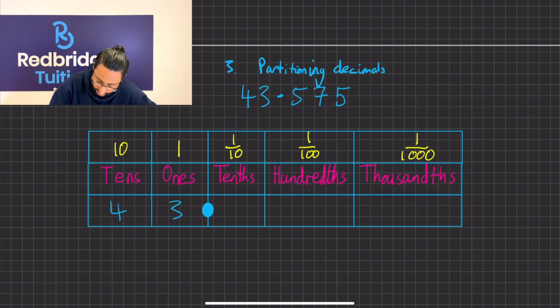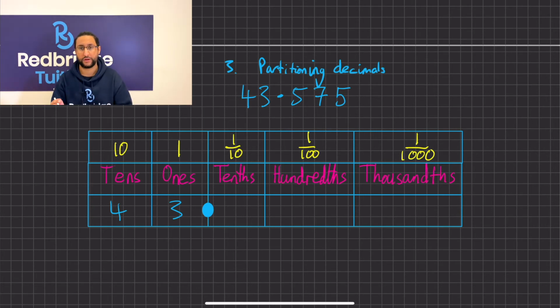If we go past our decimal point on the right-hand side, we're now going into numbers which are less than 1 whole. So every time you move 1 column to the right, the number is 10 times smaller. So this 5 in the tenths column is worth 10 times less than if that 5 were in the ones column.